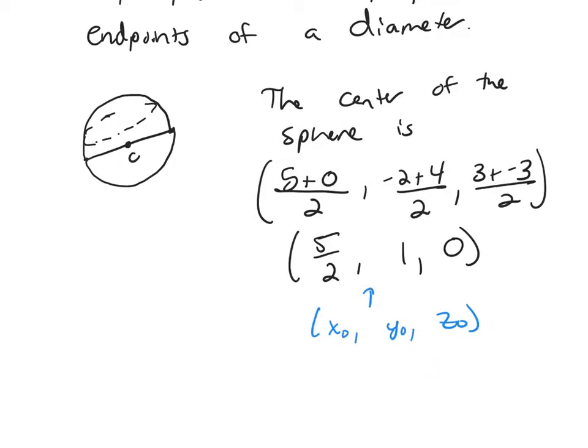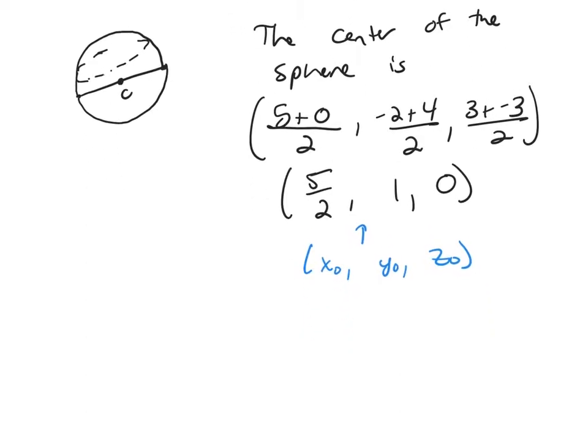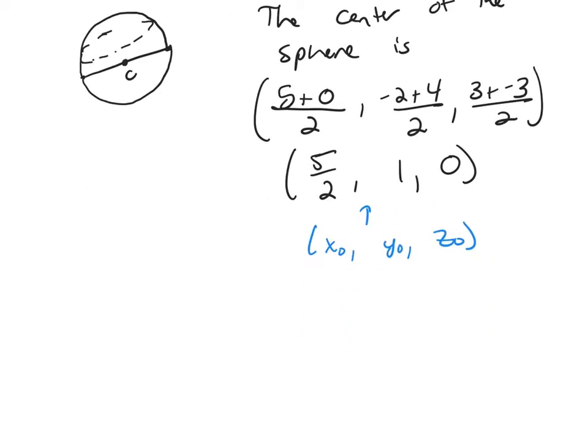So I have the center of a sphere, which is great, but in order for me to write the equation of that sphere, I need to find the radius. So our next goal is we need to find the radius.